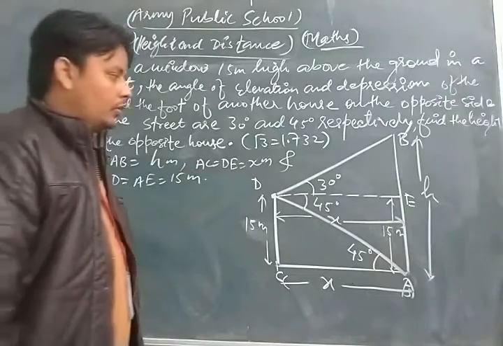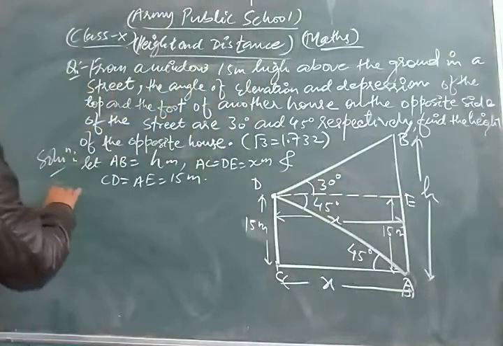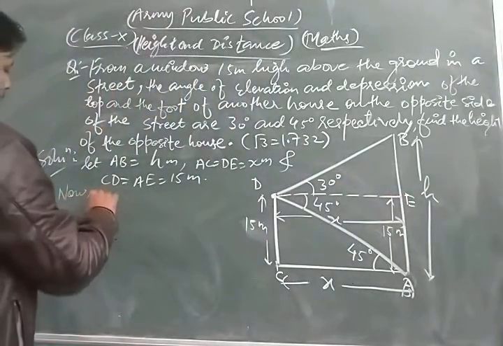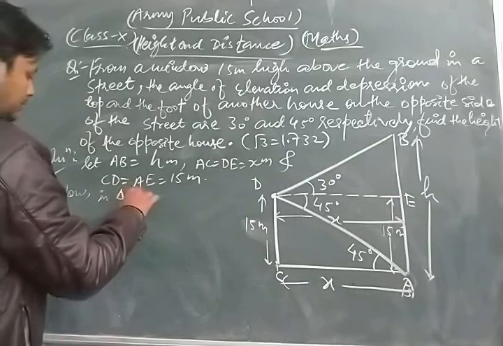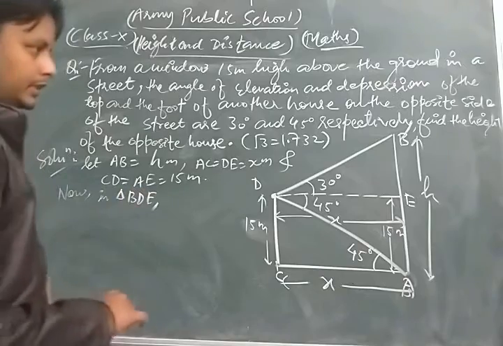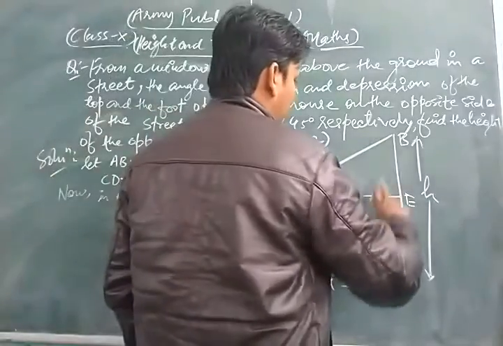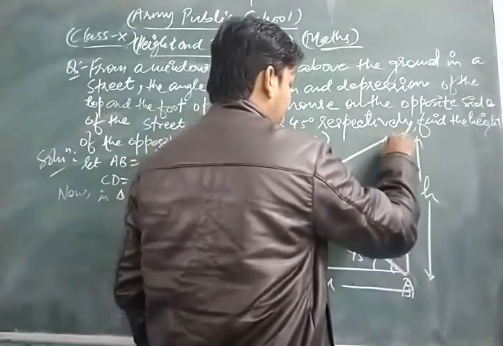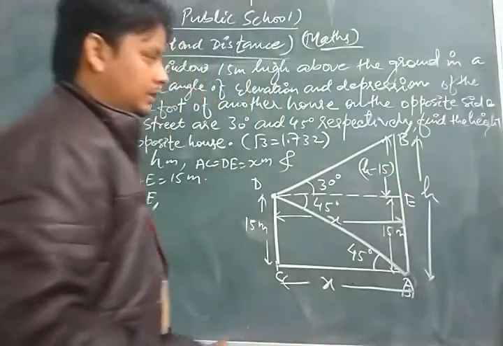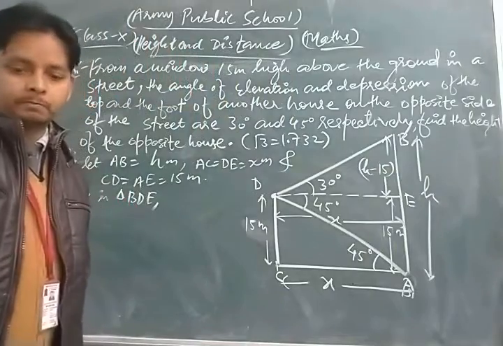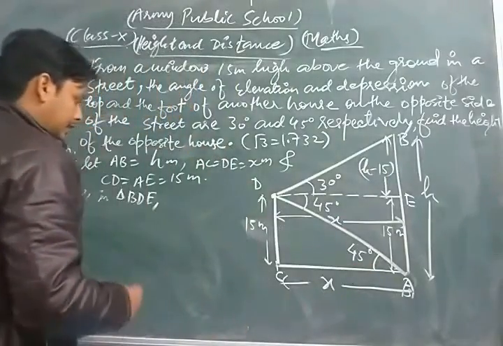Now look, first we take triangle BDE. In triangle BDE, dear student, this is 15, and the whole we take as H. So this is H minus 15.